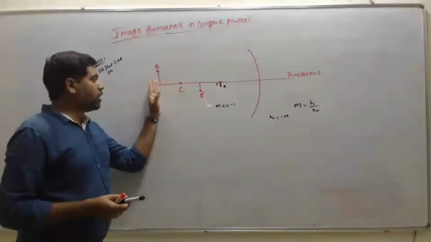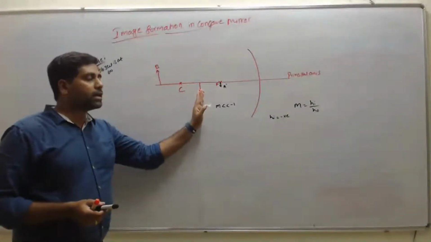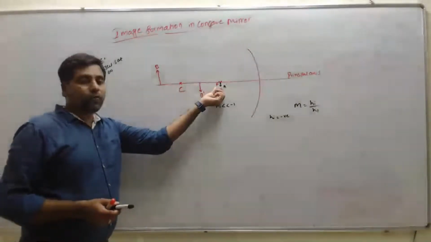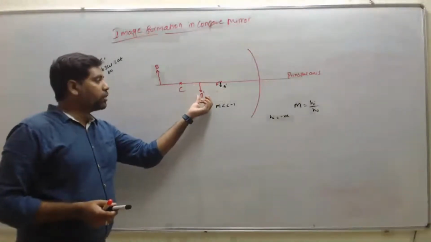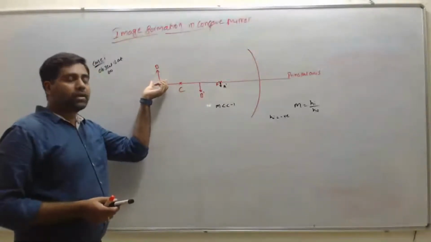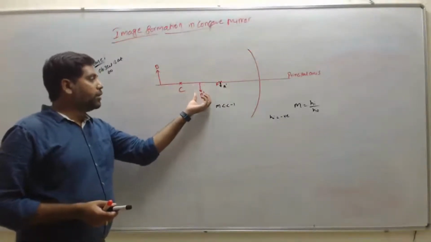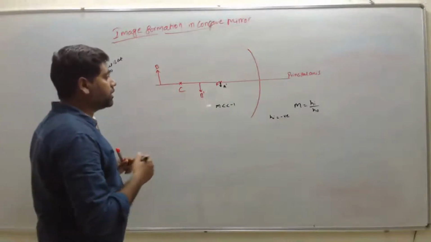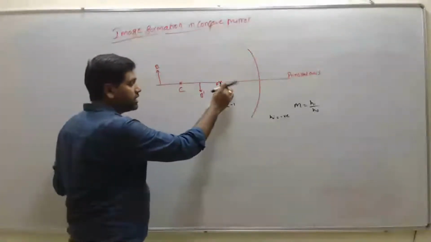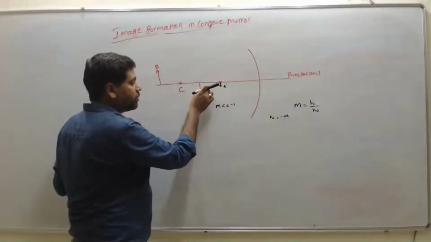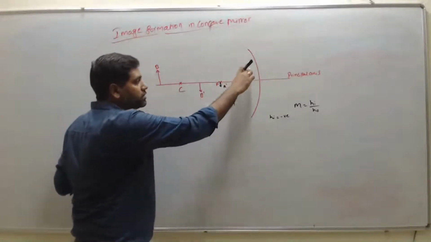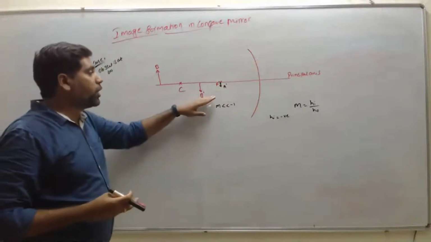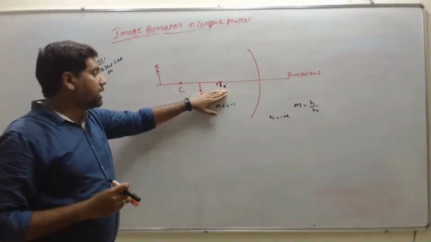So you have to remember, if the object is beyond C, then the image is formed between the center of curvature and the focus. Here also the height of the image is less than the height of the object, and the image is inverted. The image formed is real, because after incident on the concave mirror the rays are converging, and at the converging point we get real images.